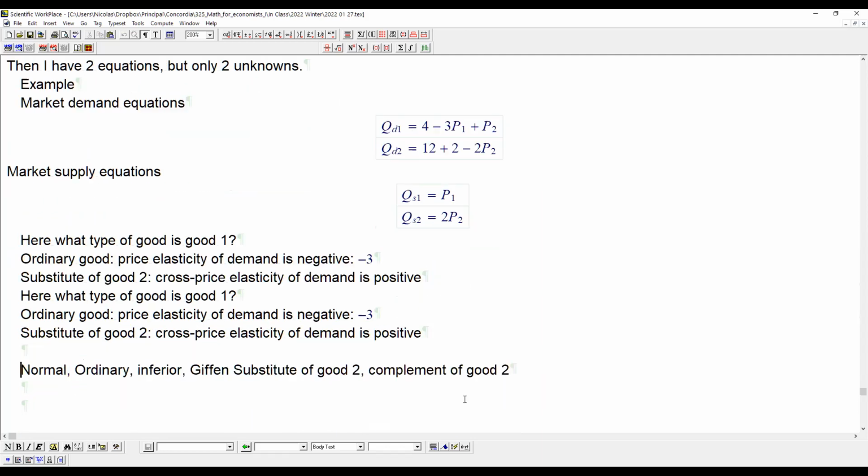What type of good is good 2 then? Is it an ordinary good or a Giffen good?